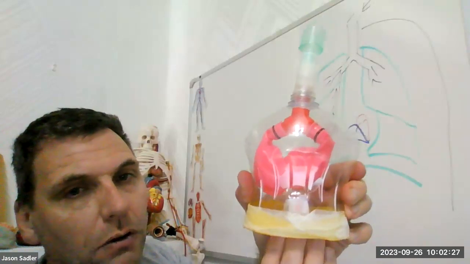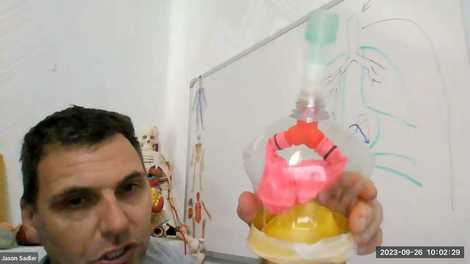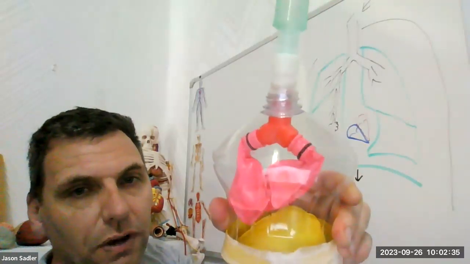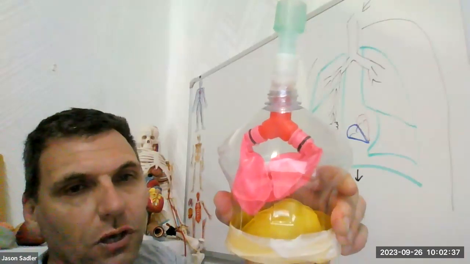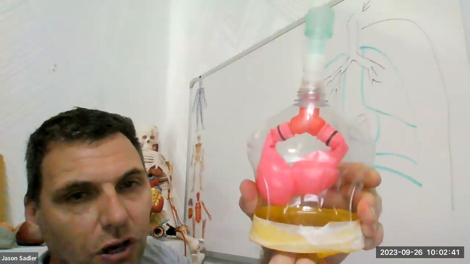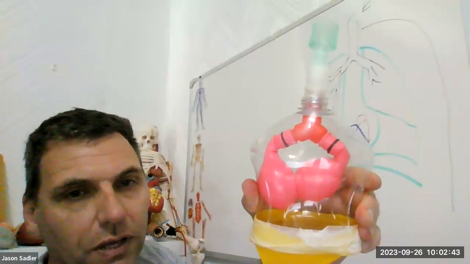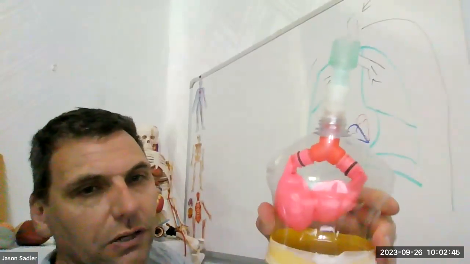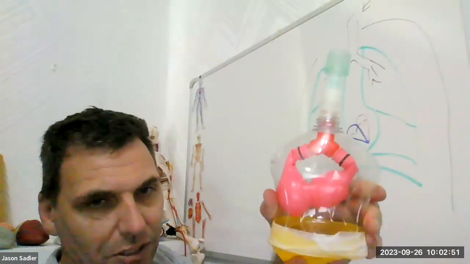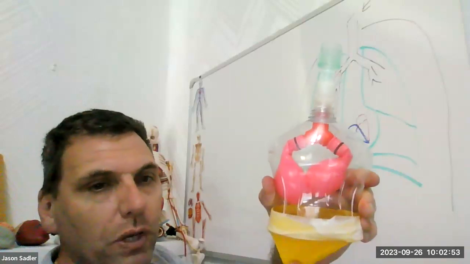When the diaphragm goes back up, I don't know if you can see that on there, but the lungs empty. You can see the balloons there have emptied. That's what happens when the diaphragm goes back up to its relaxed position. And then as the diaphragm comes down, they fill up. I know these are stuck together a little bit, but up and down, that is our breathing mechanism. So that is how we breathe.